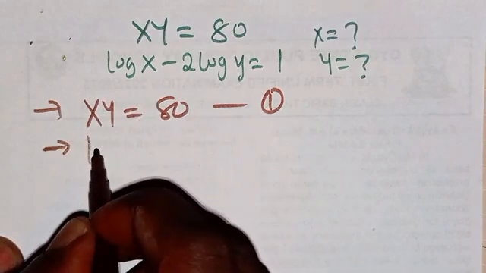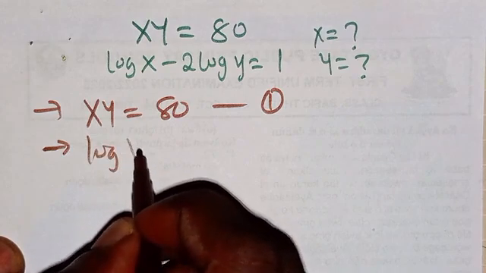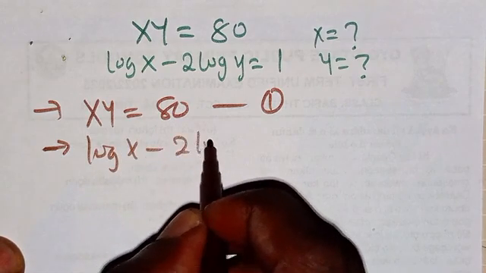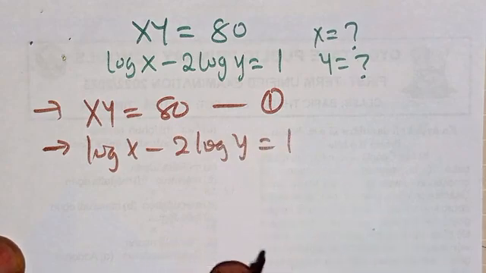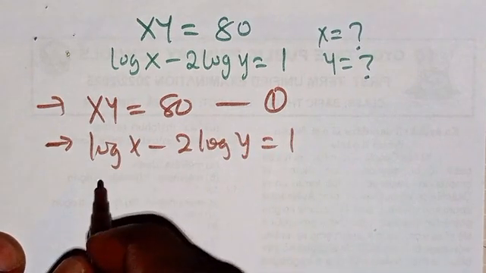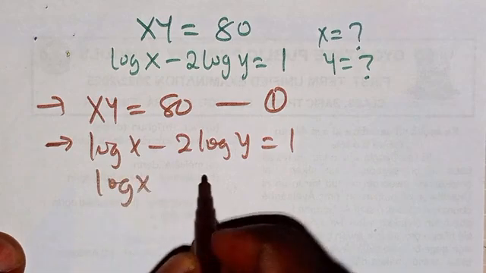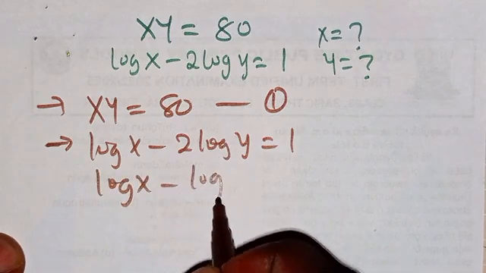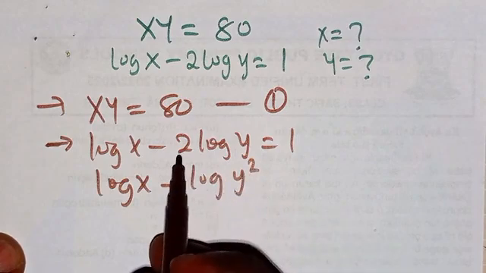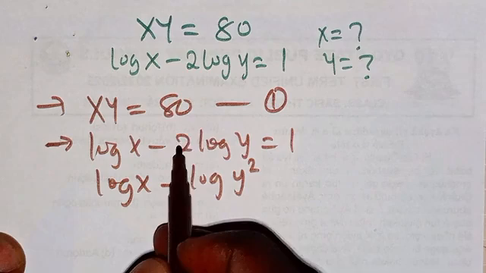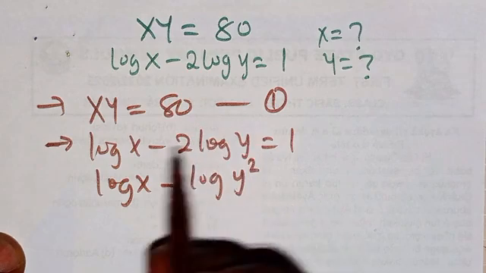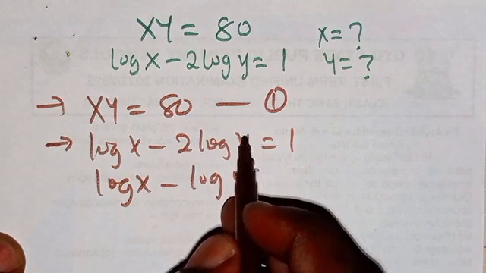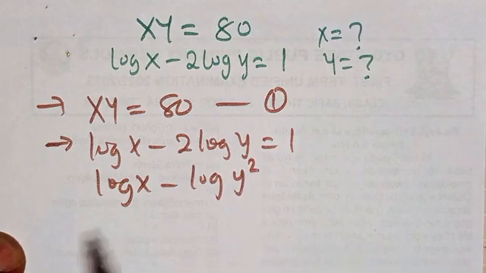We can rewrite this equation, log x minus 2 log y. Let me write it back. I can write it as log x minus log y to the power 2. The power comes back and returns as the power of y. That's why I have 2 here.